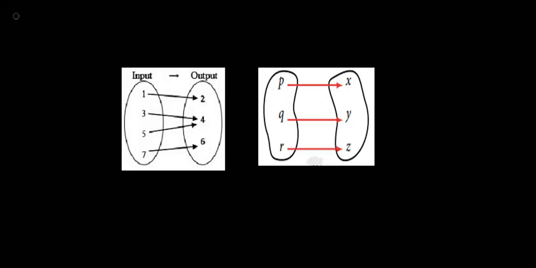In this second example, we have two mapping functions. And in the first case, you can see that 4, being an output value, corresponds to two input values, 3 and 5. Therefore, this function is not a one-to-one function.